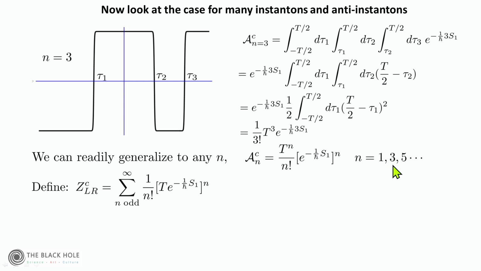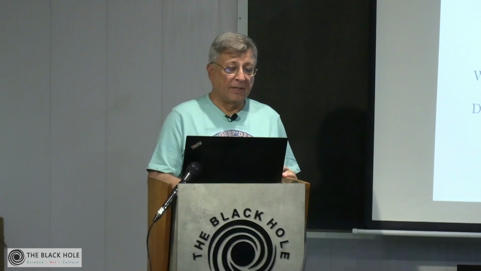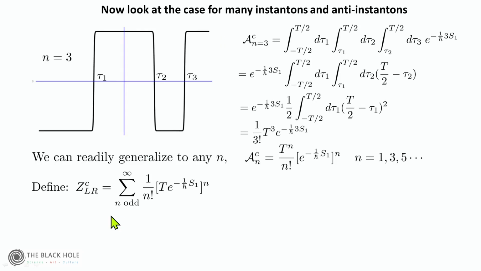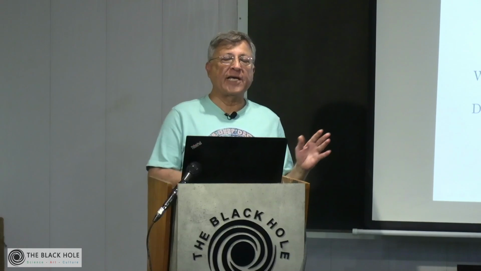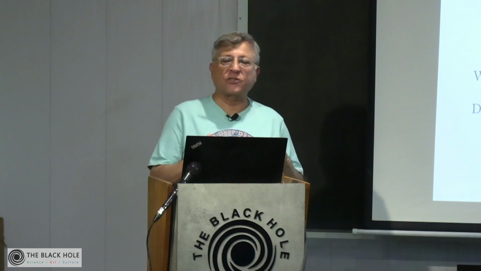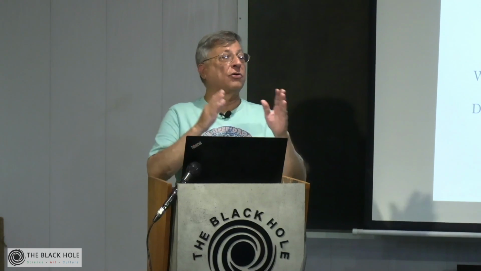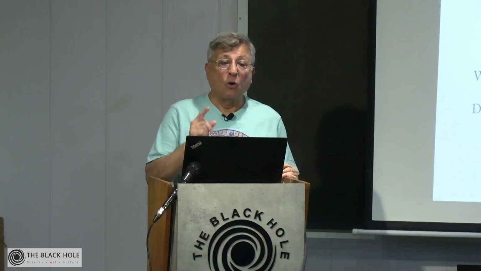Okay, and I'm now able to give you the complete amplitude to go from minus a to plus a through any number of instantons. It can be 1 instanton or 3 instantons or 5, 7, etc. Why?